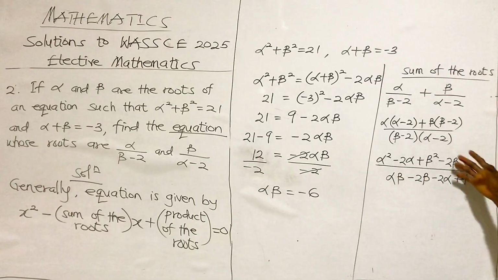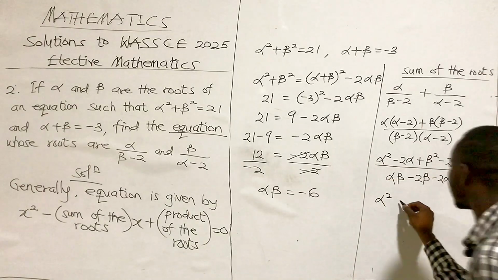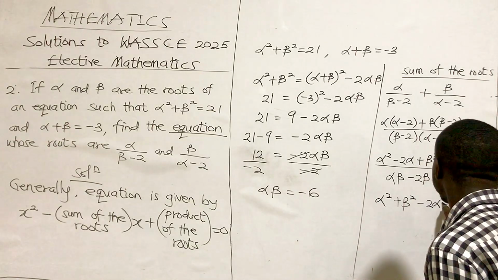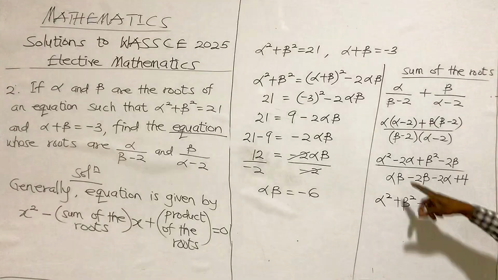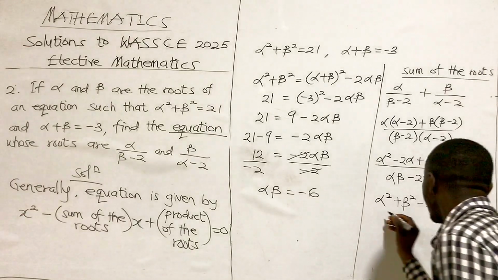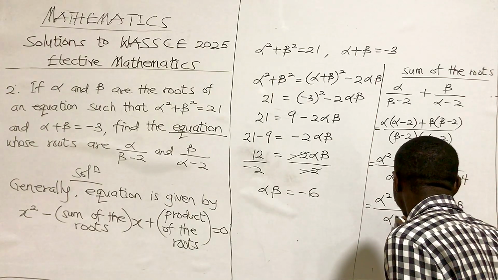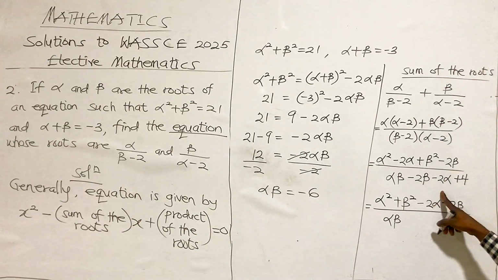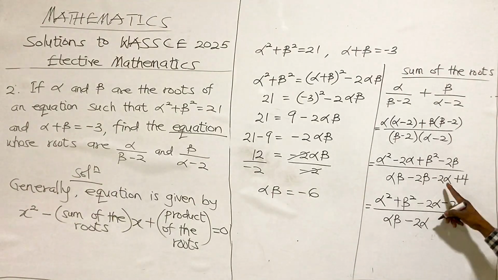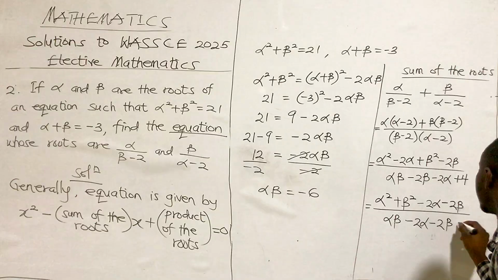Simplifying, we have alpha squared plus beta squared minus 2 alpha minus 2 beta, all over alpha beta, rearranged as minus 2 alpha minus 2 beta plus 4.